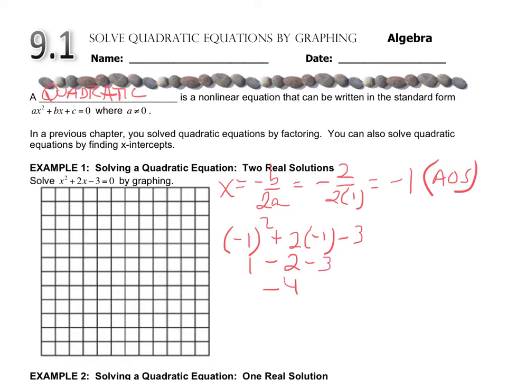So we end up with negative 4 when x is negative 1. So negative 1, negative 4 will be our vertex. And again, this was all review from last chapter.